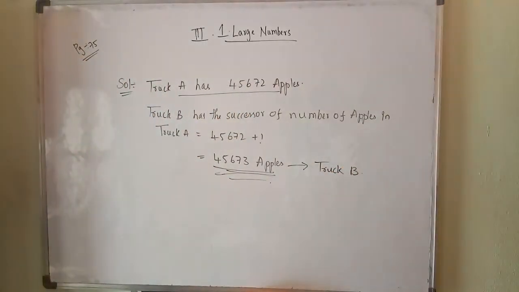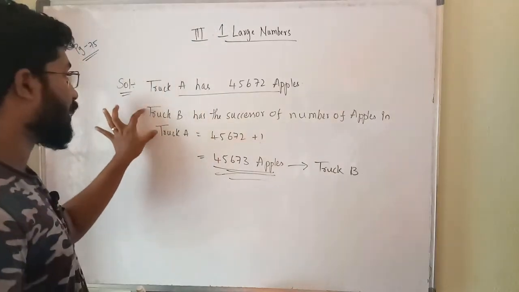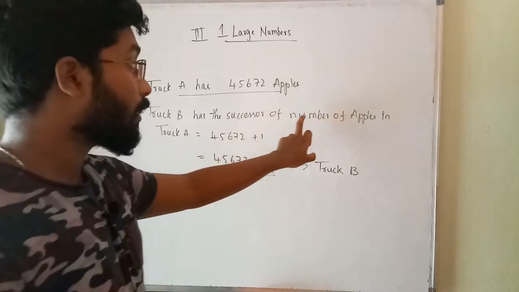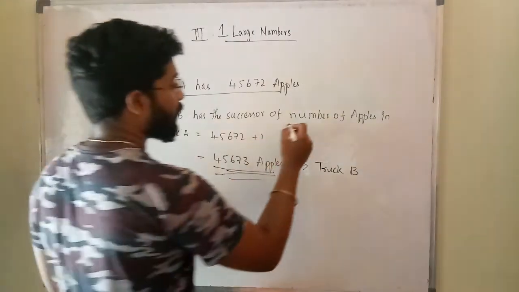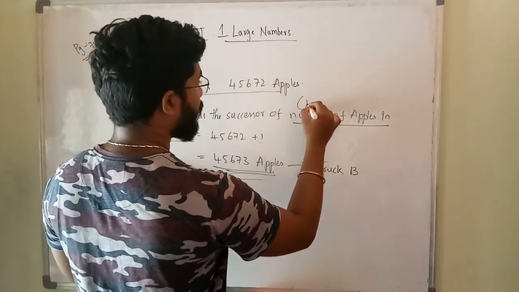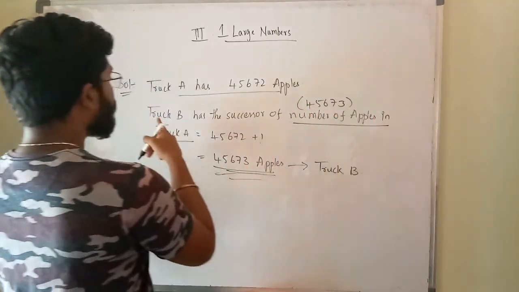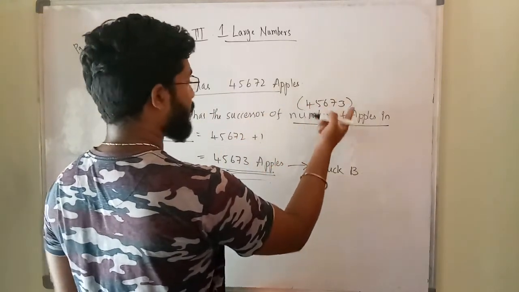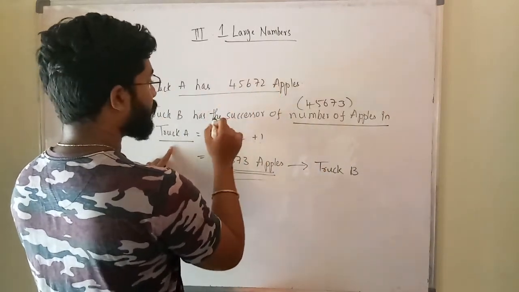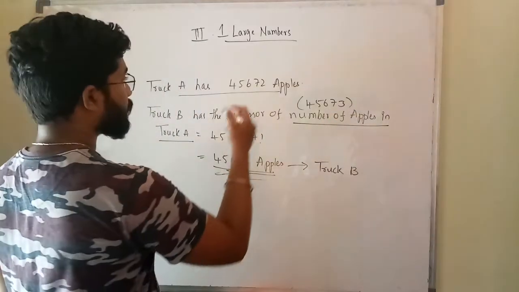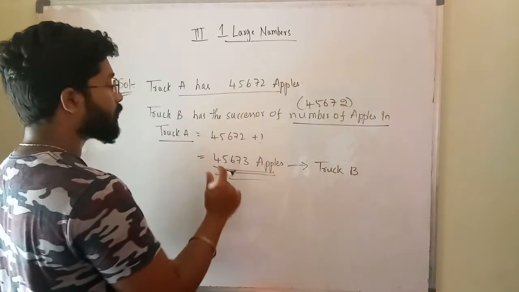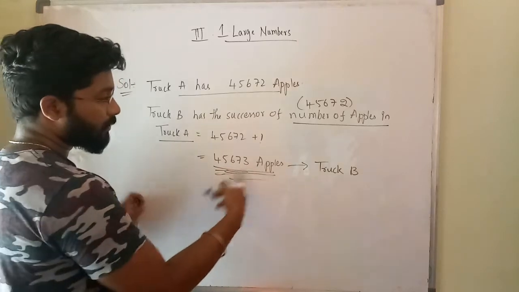Just remember this statement: truck B has the successor of the number of apples in truck A. The number of apples in truck A is 45672, and if you are adding plus 1, this is the successor number of apples. Okay, clear?